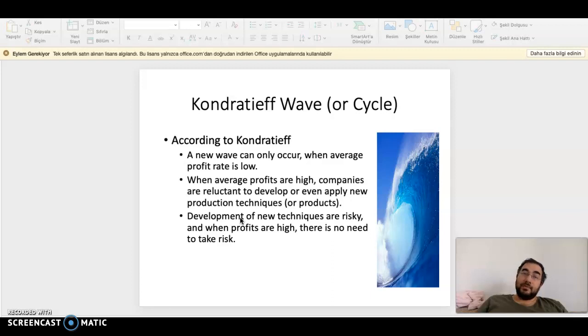When profits are high, on the other hand, the normal type of investments might already be bringing a sufficient amount of revenue for the company. So the companies might be more reluctant in that case to adopt or finance innovations. Some people might still do certain innovations. You might know the steam engine was developed as early as the ancient Greek era, but the time it took for its adoption in the production process was centuries.